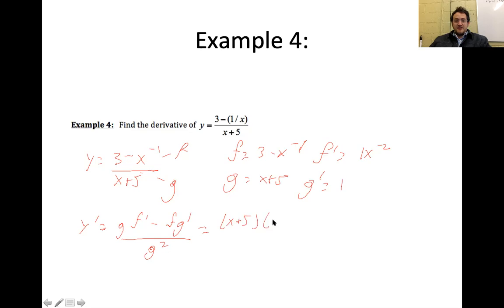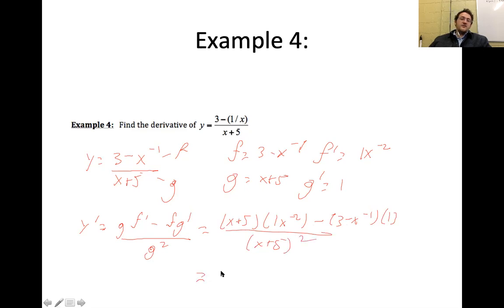My f prime is going to be 1 x to the negative 2, and you're going to subtract 3 minus x to the negative 1 times g prime, which is just 1, over (x plus 5) squared.